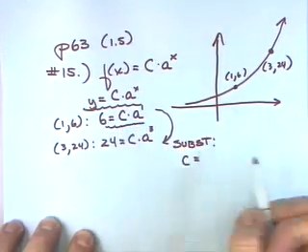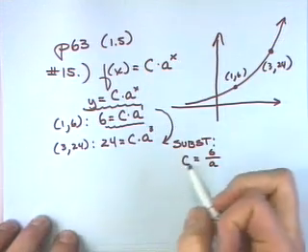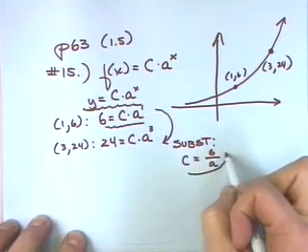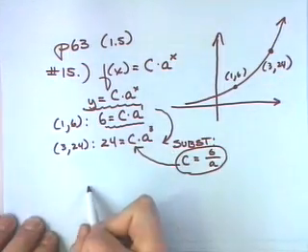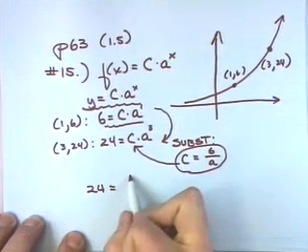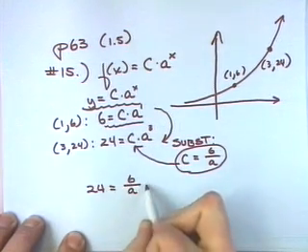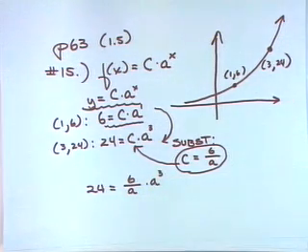Take this equation and solve for C. C is 6 over A. And then we'll plug that in for C in that position. So 24 is, instead of C times A cubed, we plug in 6 over A for C. Everybody all right with that? So that is, in essence, a combination of the two equations with a substitution to eliminate C.